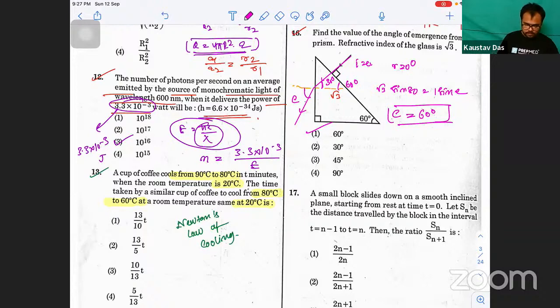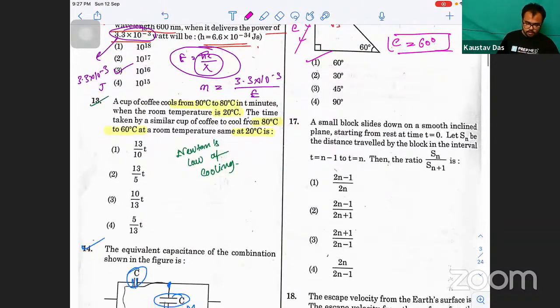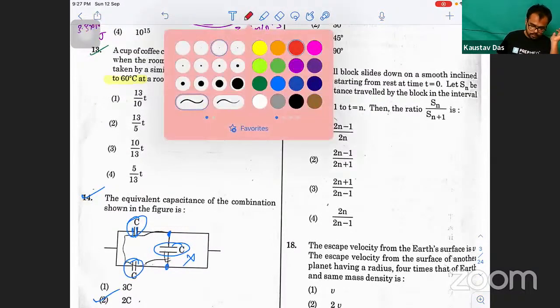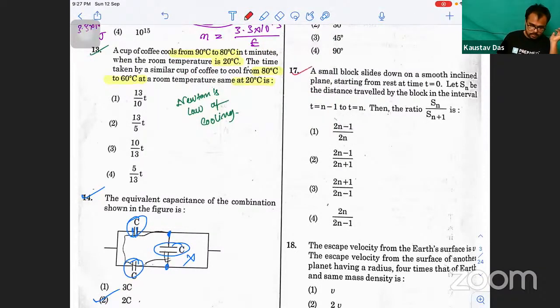Come to question number 17. A small block slides down a smooth inclined plane starting from rest at time t equals 0. Here, if you have to find the displacement for Sn and Sn plus 1, it's a lengthy calculation. I believe it will take some time.